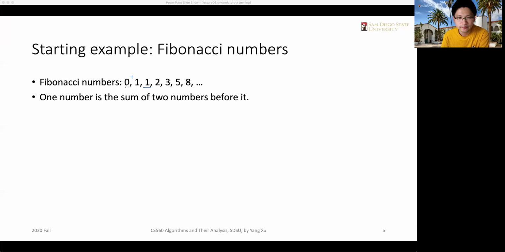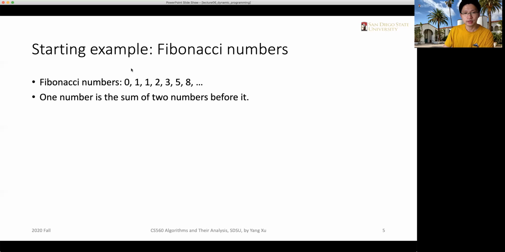So only the first two numbers are predefined. We arbitrarily let the first number be 0 and the second number be 1. Starting from the third number, we define it by summing the two numbers before it. So the fourth will be 1 plus 1, which is 2, right? And the fifth will be 1 plus 2 equals 3. So that's the Fibonacci numbers.